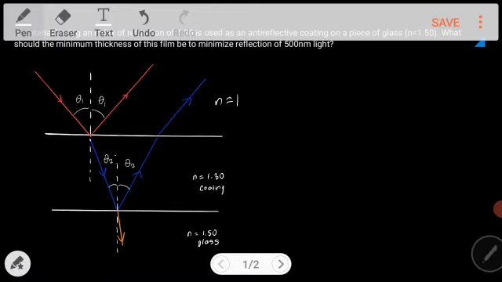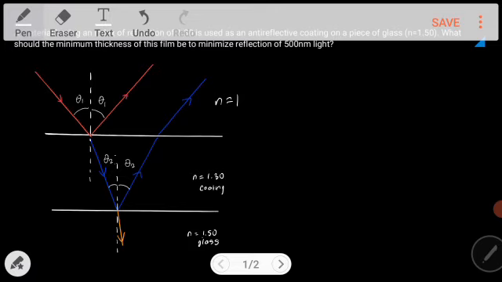The light will undergo no phase change if the n at the bottom is lower than the n above it. So at these both points, they experience the same phase change, which is 180 degrees. And what does it mean? We are going to have a constructive interference. So we understand how the situation goes.